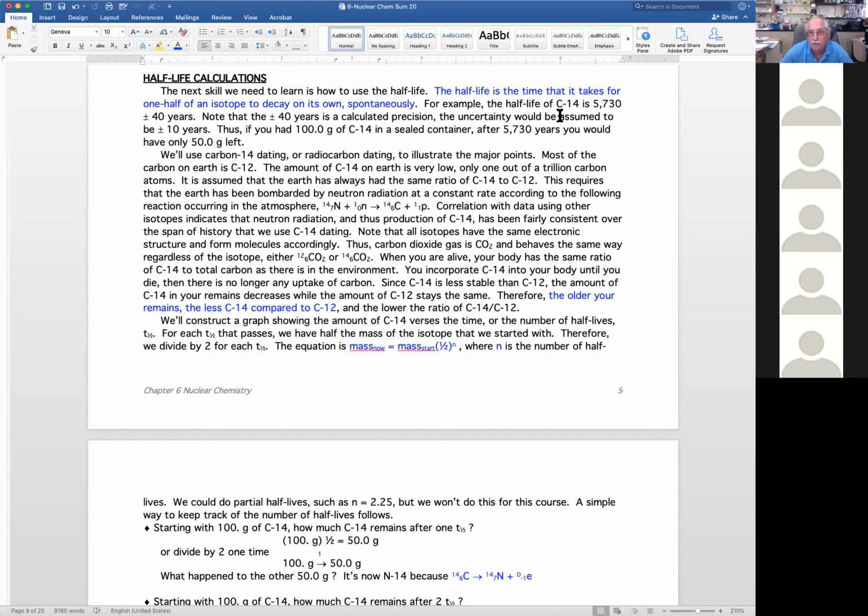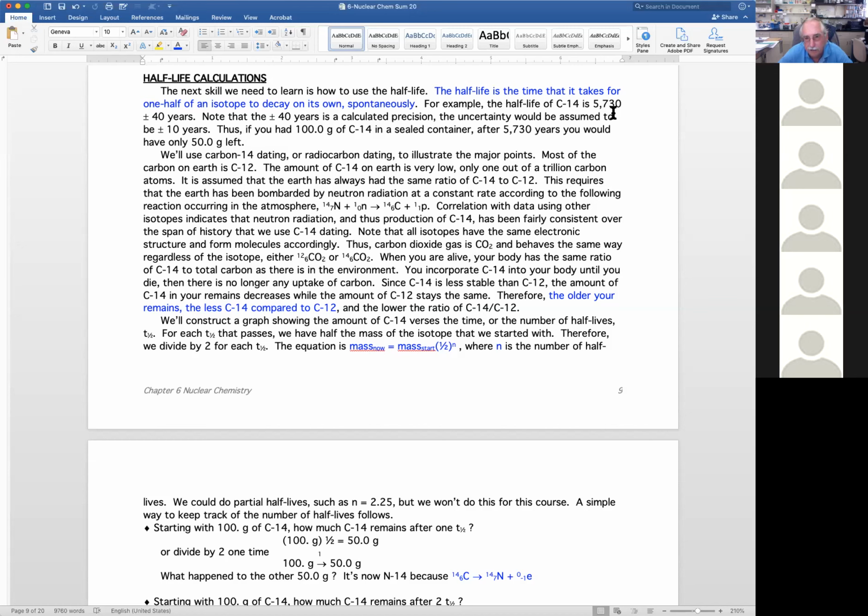One that's on there is carbon-14. So the half-life of carbon-14, I'm going to write it, is 5,730 years, plus or minus 40 years. Okay. So notice that I've got 3 significant figures.